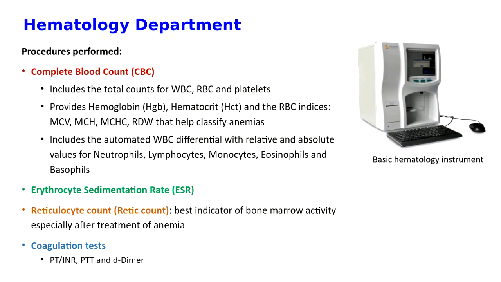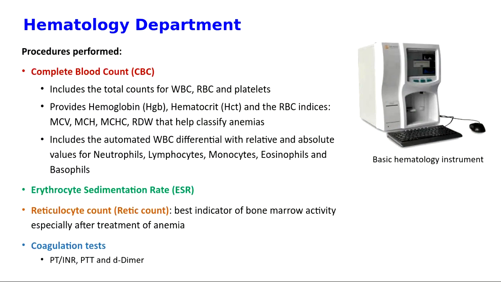The CBC includes the number of white blood cells, red blood cells, and platelets that are present per microliter of blood in the patient. It also gives us the different types of white blood cells, so it differentiates the white blood cells that are present, either neutrophils, lymphocytes, monocytes, eosinophils, or basophils, and it tells us some characteristics of the red blood cells based on indices, based on numbers.